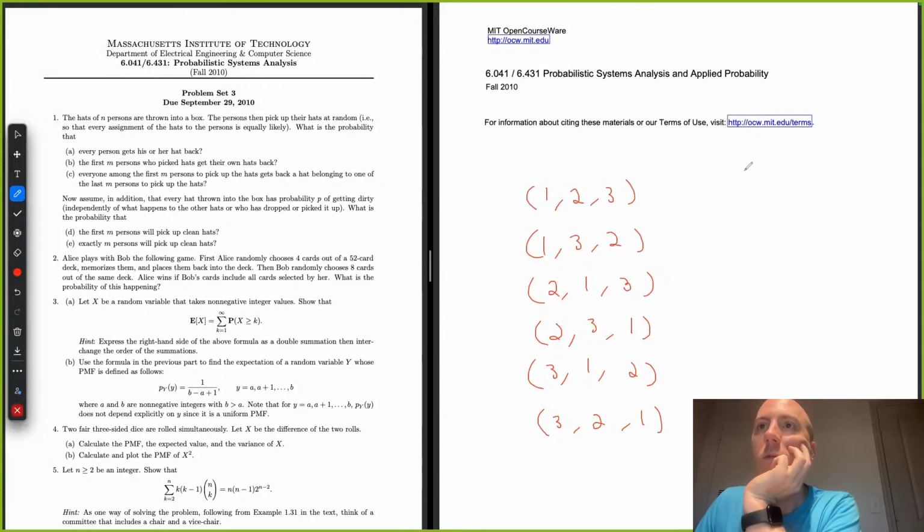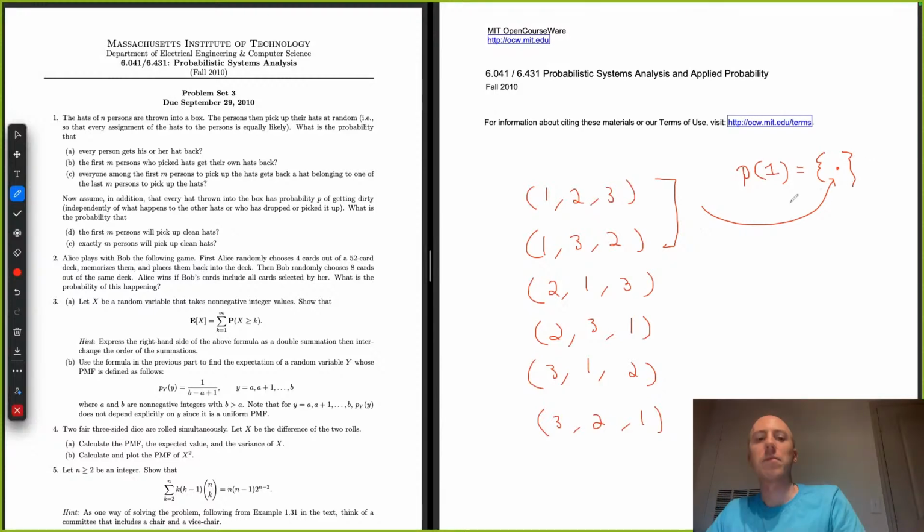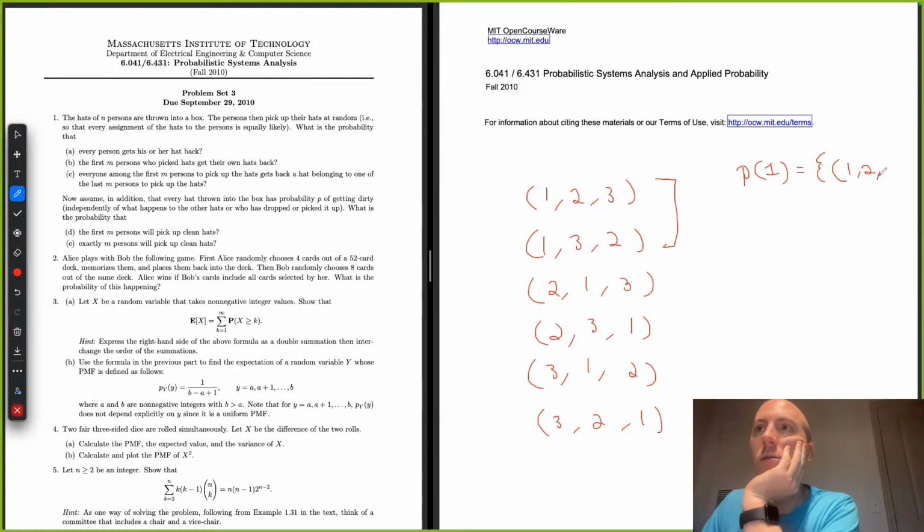So we want to say the probability of 1 is basically these first two. Or I kind of want it to be reverse. It's actually this. So the probability of 1 is equal to 1, 2, 3 and 1, 3, 2.